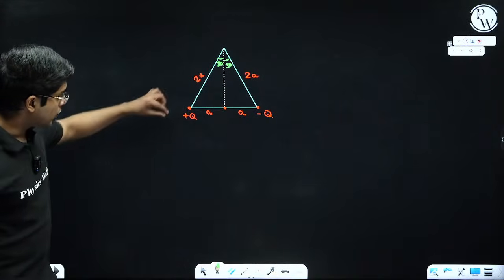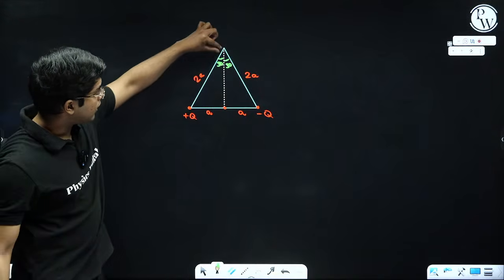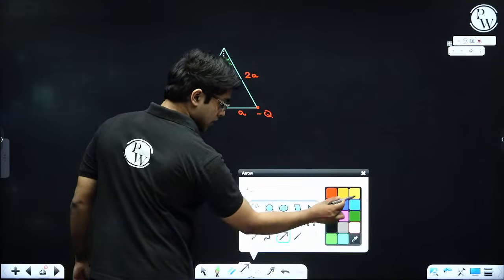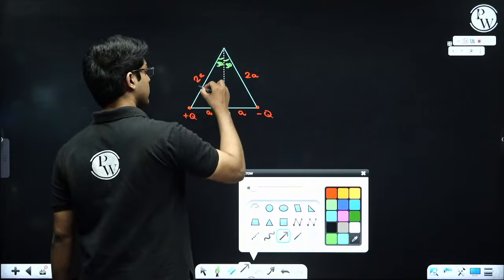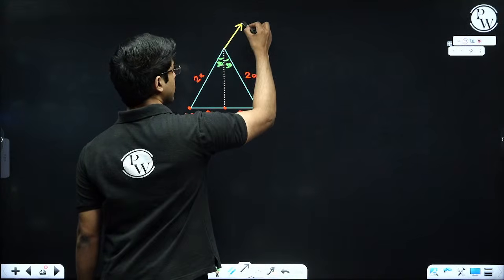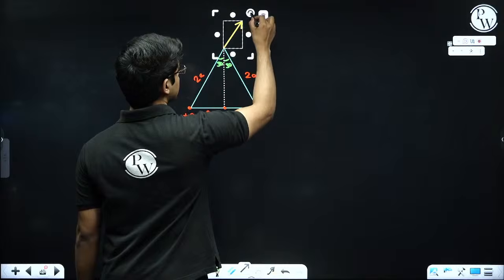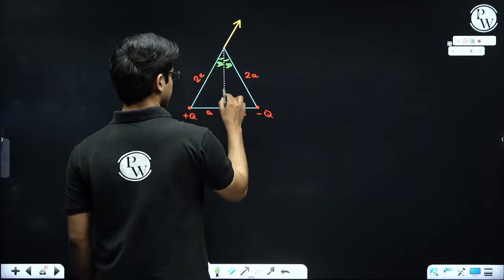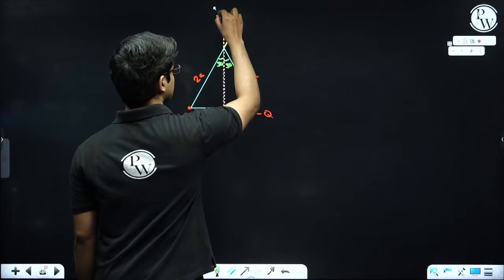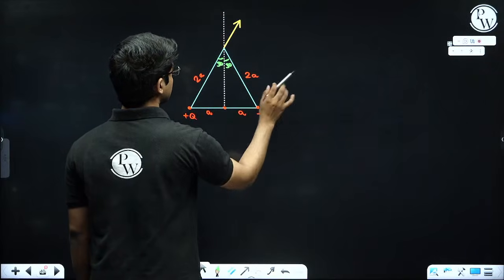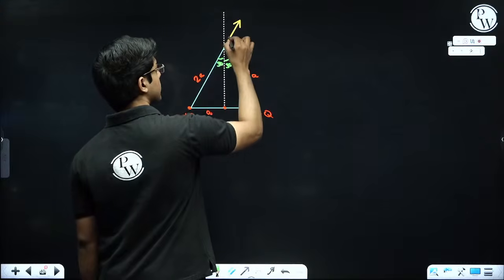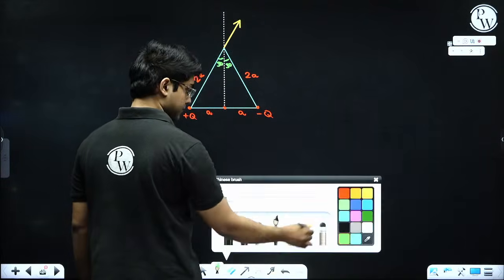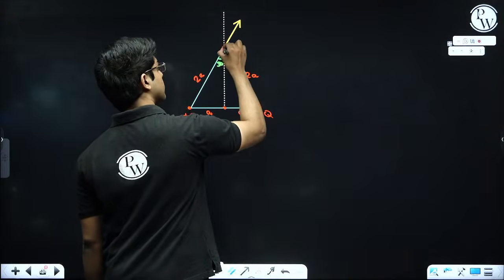Now, due to this plus q, the field will be along this blue line. Let's also extend this line. Due to this plus q, the electric field will be along this yellow line.